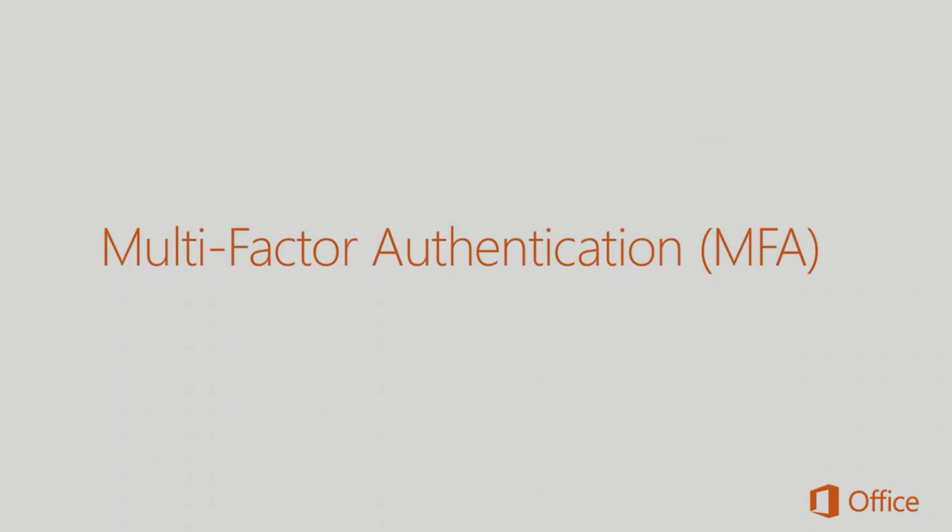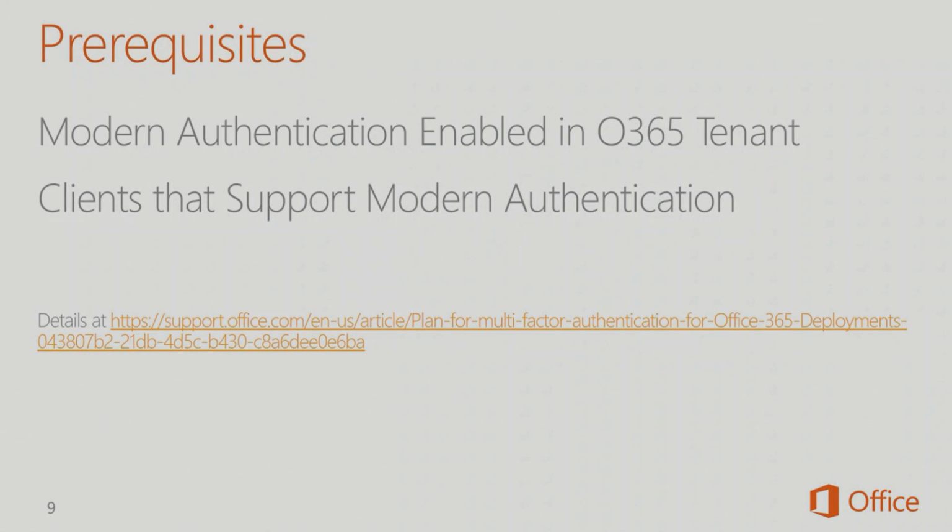So you have the ability to configure this through Office 365. One of the things that is important with this is you do have some prerequisites around that, right? So the tenant and the different workloads need to be enabled for modern authentication. This URL that you guys can download from the slides later is available for that. It kind of walks through what services are enabled by default and then what commands you need to run within the service to ensure that it's enabled there.